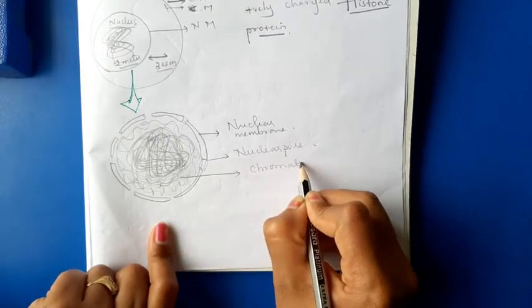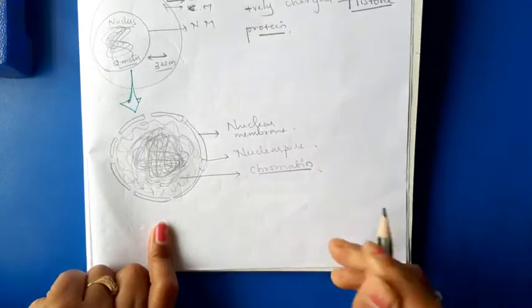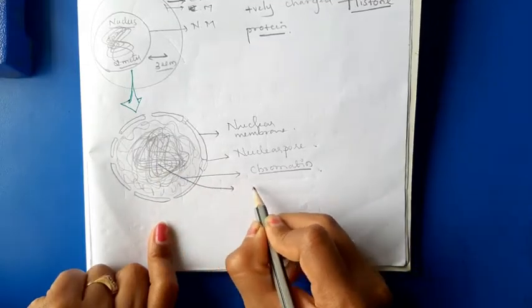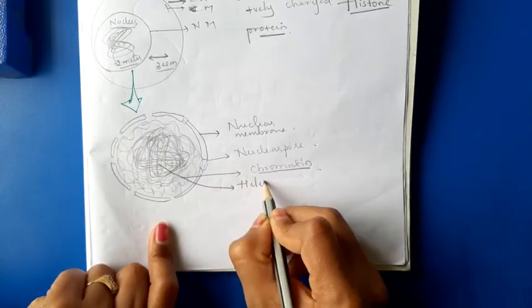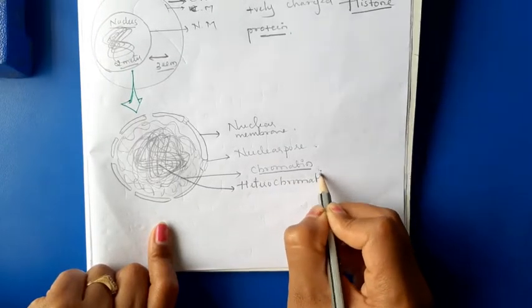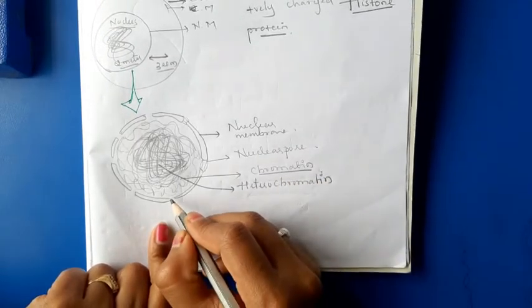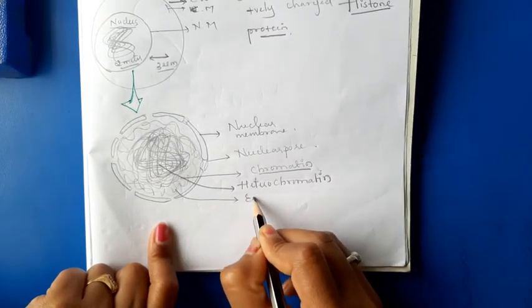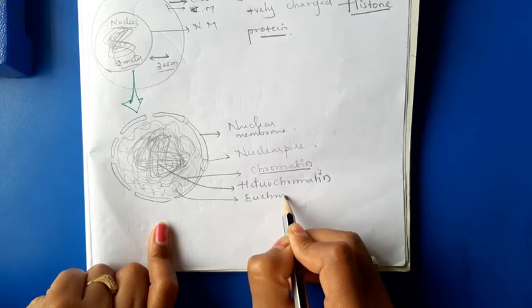The chromatin which is present at the center is known as heterochromatin. The chromatin which is present at the periphery is known as euchromatin.